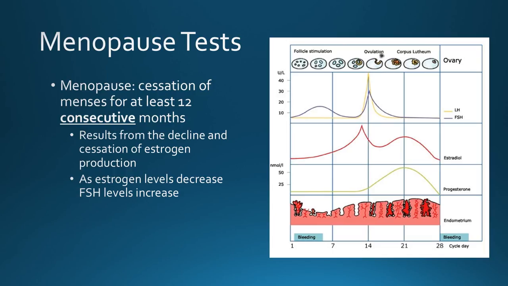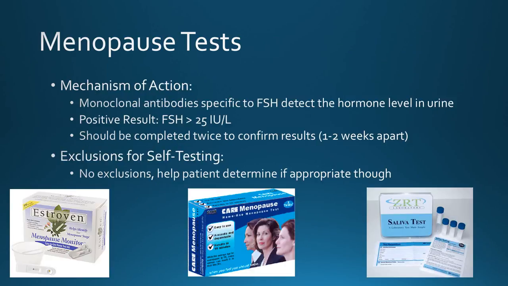Some common symptoms for menopause can include irregular menstrual cycles, hot flashes, mood swings, vaginal dryness, insomnia, and fatigue. So again, some additional things to keep in mind when you have a patient and you're trying to determine if the test is appropriate or not.